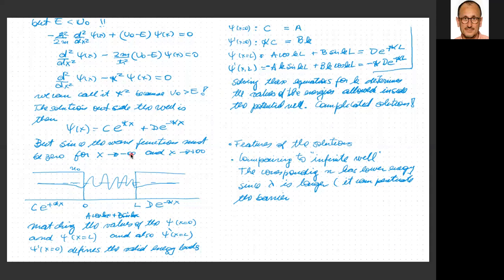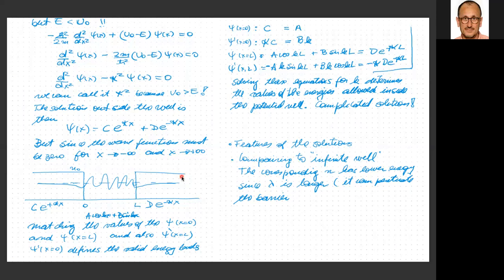We have regions of space here: a region x less than 0 and a region x greater than L. For the wave function to make sense, remember that the square of the wave function is the probability of finding the particle, and we cannot deal with things going to infinity at infinity, because the particle would most probably be at infinity rather than where my solution is.